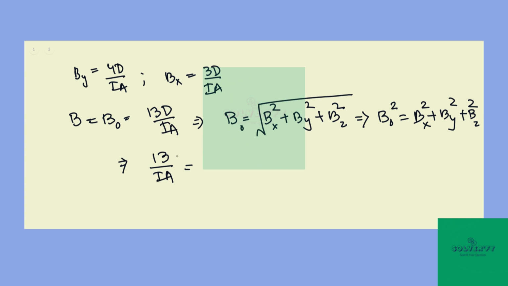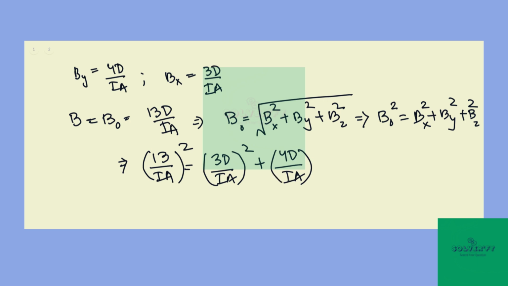So we are left with this square equal to Bx square, which is 3D over IA squared, plus 4D over IA squared, which is your By, and we have Bz square.